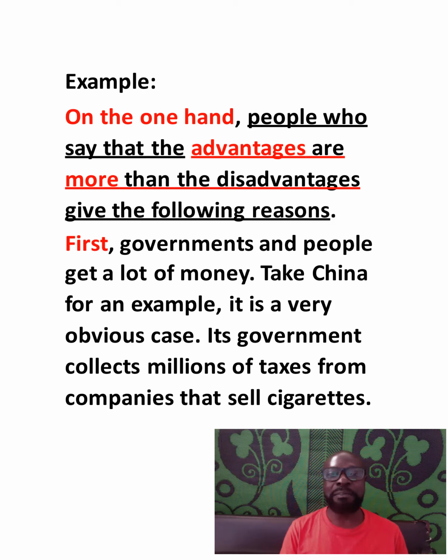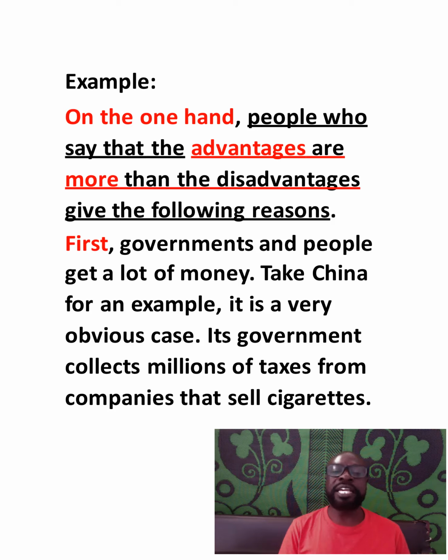That is an example of which government gets money and how much. I don't know the exact figure, but I say millions. If you know the amount, you tell it. You can say, in 1999, the Chinese government earned this amount. But what is important is to give a specific example.